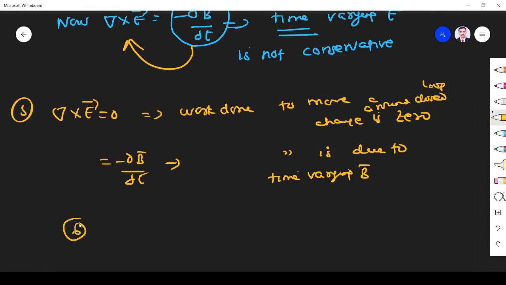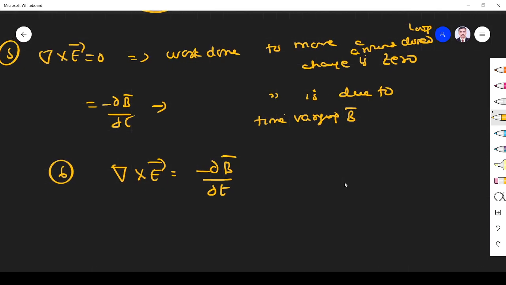So we know that del cross E is equal to minus dou B by dou T. From this, what we are understanding: if B is static, what happens? Del cross E is 0. That is the first one we have to know.